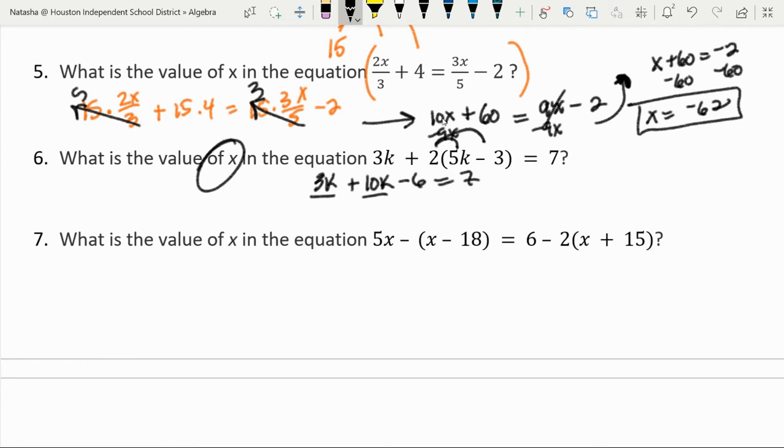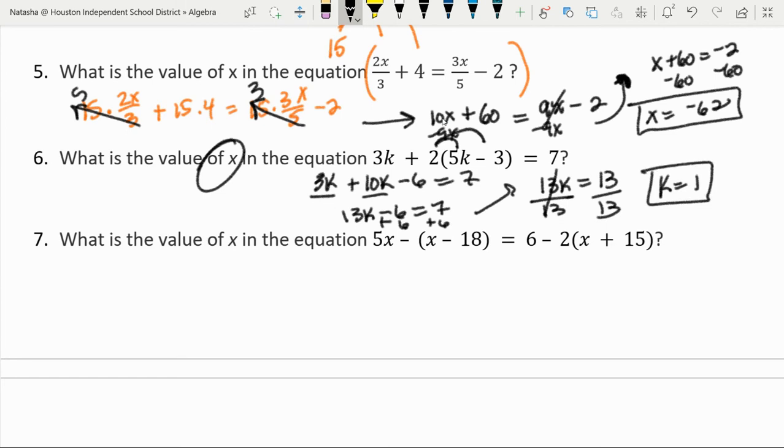Combine like terms. I've got 2 like terms there. That's going to give me 13K minus 6 is equal to 7. Add 6 to both sides. That gives me 13K is equal to 7 plus 6, which is 13. Divide by 13. That cancels. K is equal to 1.